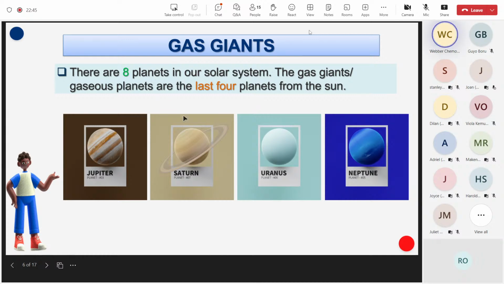We all know that in the solar system we have 8 planets, but the gas giants form the last 4 of the planets. That is Jupiter, Saturn, Uranus, and Neptune. The first four, we already covered in the previous webinar. We understand they are solid, that is the terrestrial planets: Mercury, Venus, Earth, and Mars.